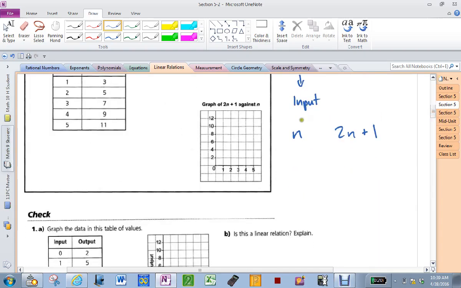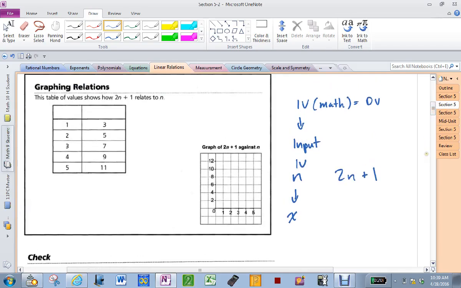So, our input is n, so that's our IV, and we always put that on the x-axis. So this side is our n. Where are we going to put that on our graph? On the x-axis.